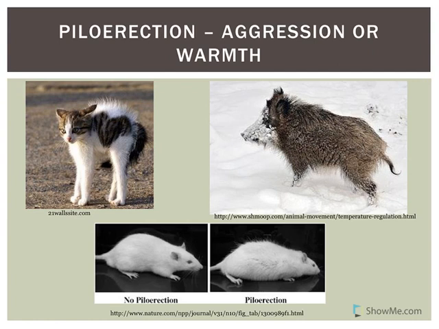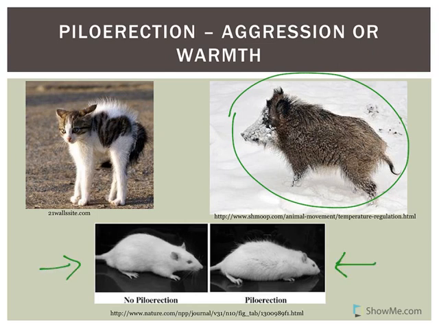But if you look here on the right, piloerection in mammals provides an insulation function. It traps air and insulates the animal. You can see here with the rat, here's with no piloerection, and here is piloerection. So in animals other than humans, it provides an insulating function as well as signaling aggression.